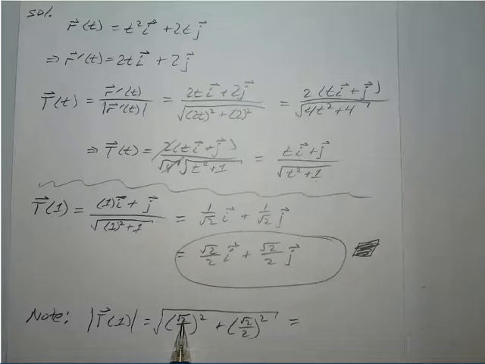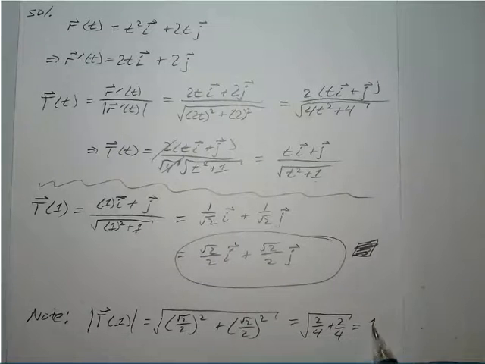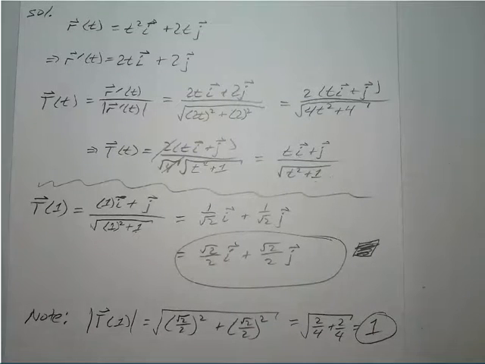It's equal to square root of 2 squared is 2, so you have 2 over 4 plus 2 over 4, which is square root of 4 over 4, which is just 1. Okay, so all we did here was just verify that the magnitude of a unit tangent vector is equal to 1.